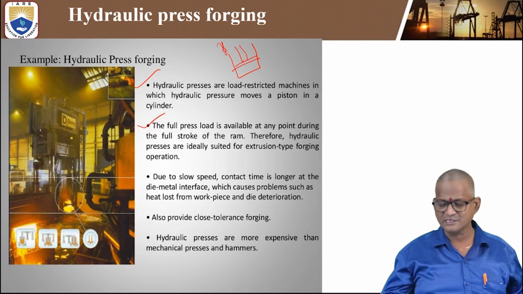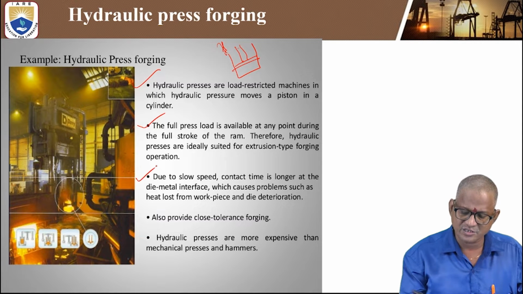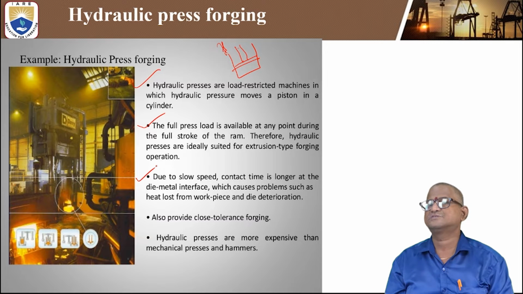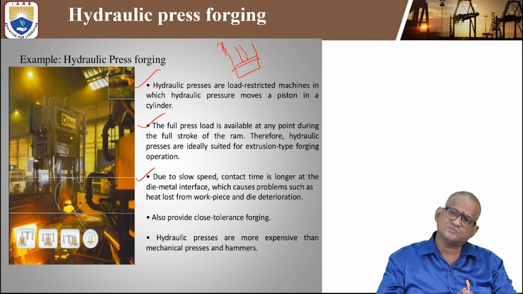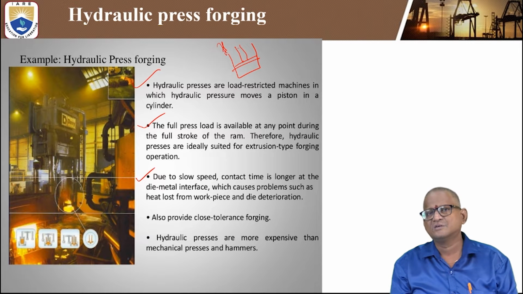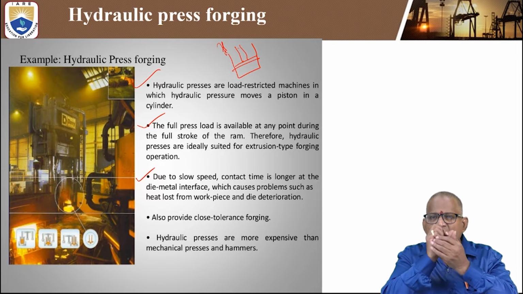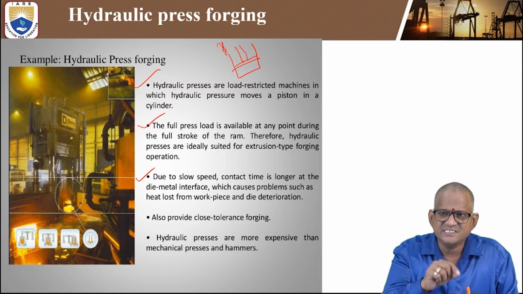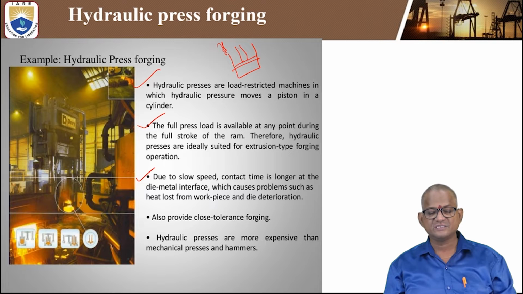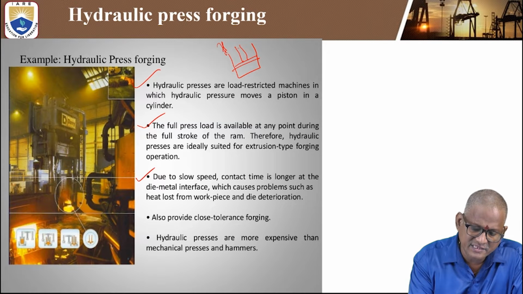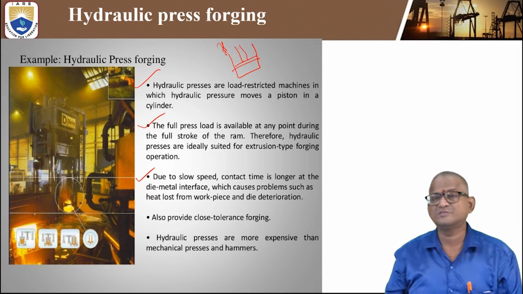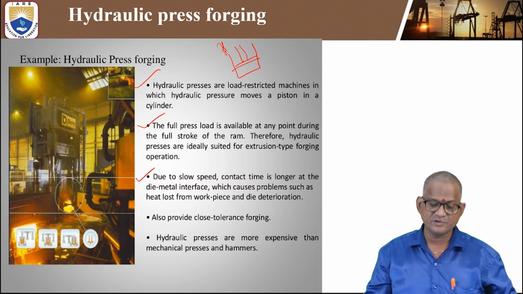The third important point is slow speed. Obviously the movement of the press will be very slow, and contact time is longer at the die-metal interface. Inside there will be a die, and the press moves up and down with a reasonable form.